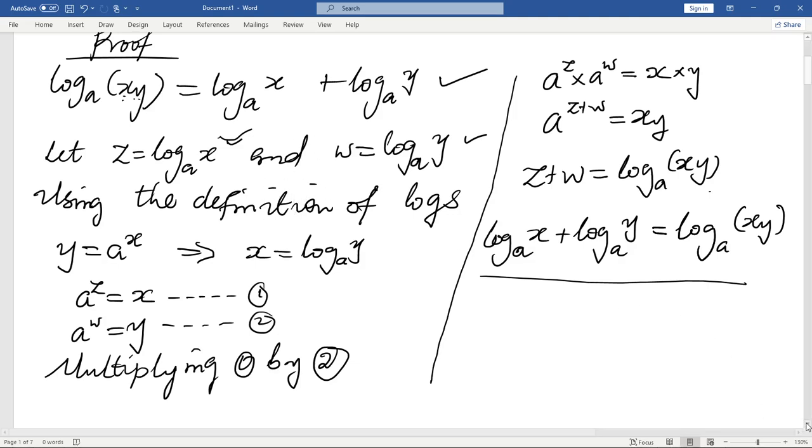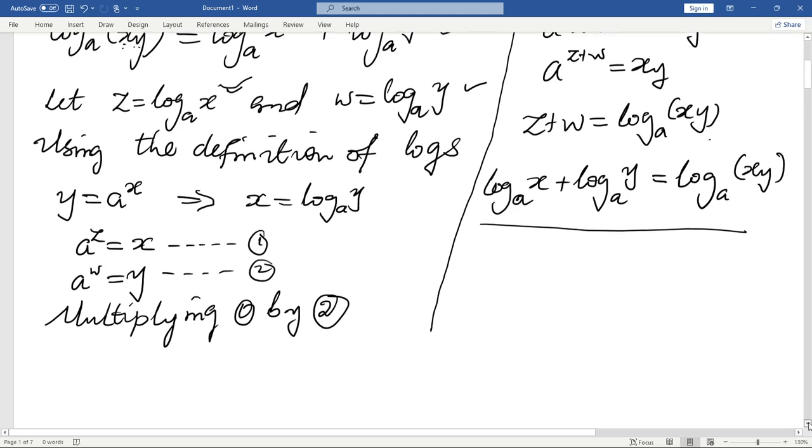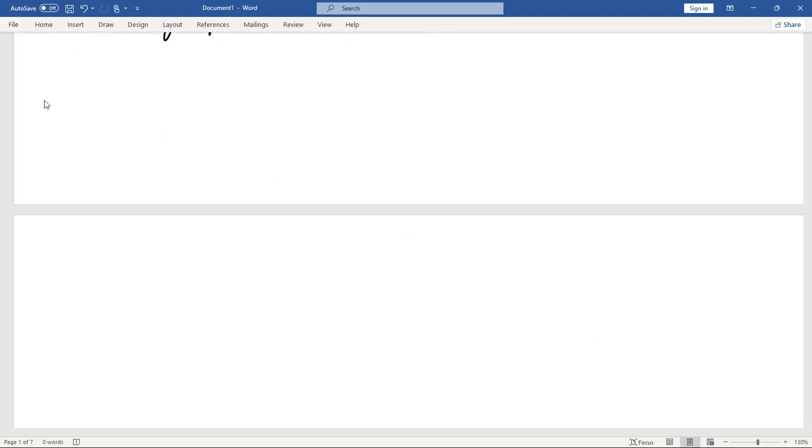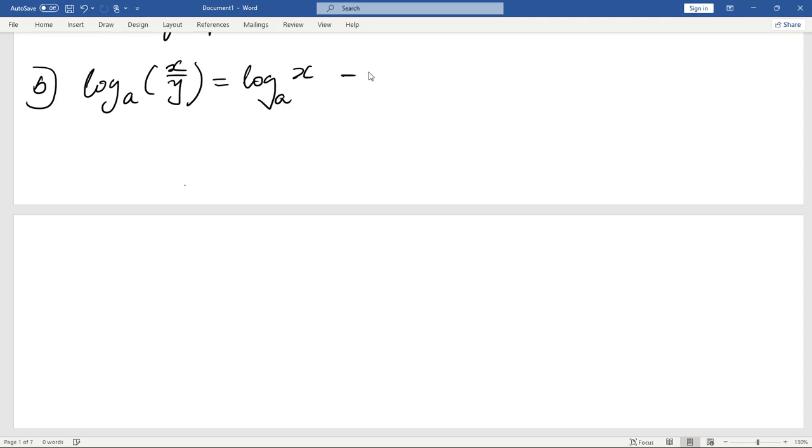Okay, let's also prove the second one. For b, we need to show that log x divided by y is simply equal to log x minus log y to the base a.